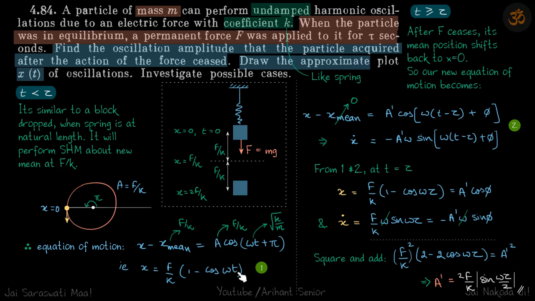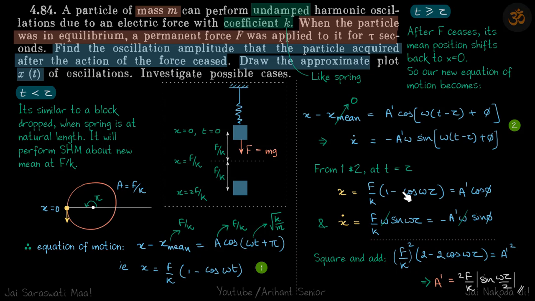So when t equal to tau, this becomes F omega by k sine omega tau. And x dot at t equal to tau from the other equation is minus A dash omega sine phi.